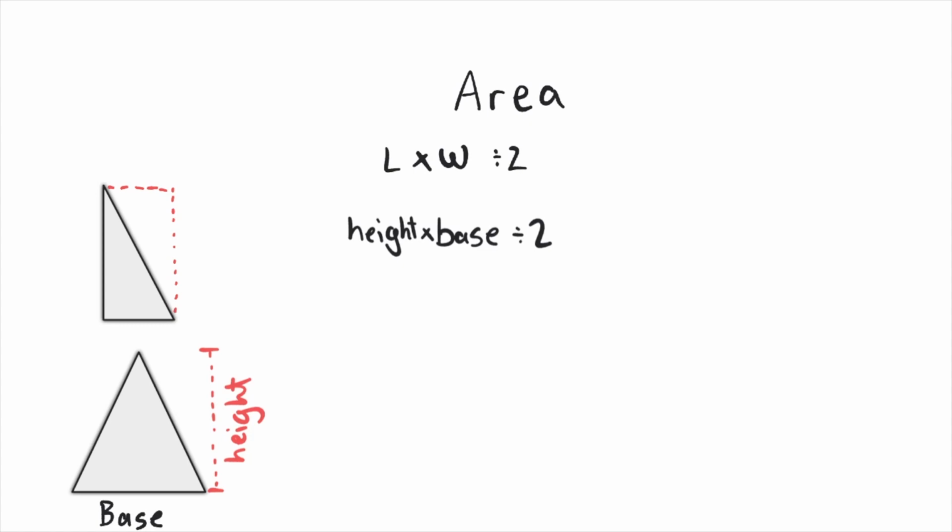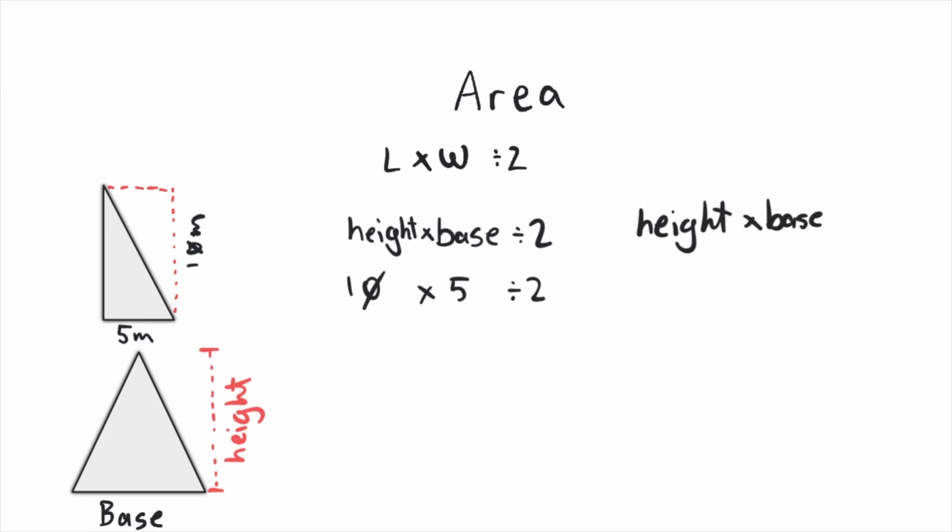And what this means is if our base is 5 meters and our height is 10 meters, it becomes 10 times 5 divided by 2. You may also sometimes see it expressed as height times base over 2.